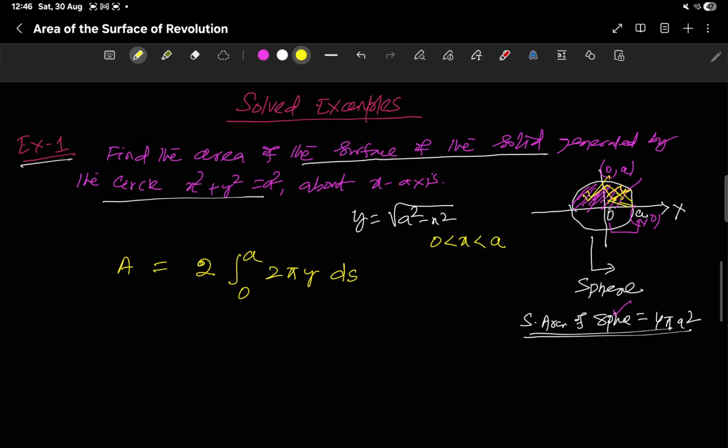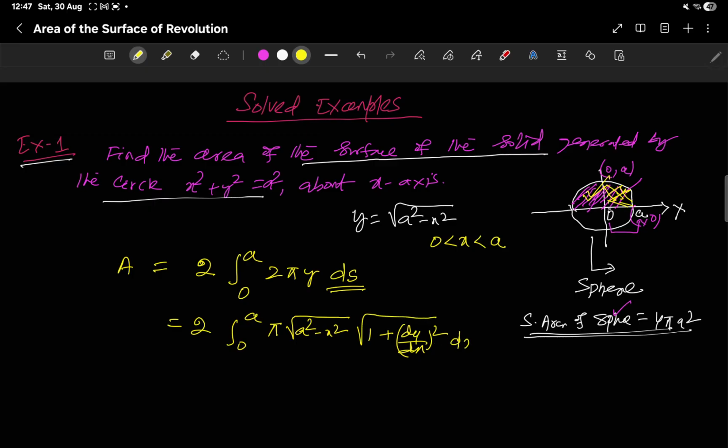Now I am taking the Cartesian form. So this will be 2 times the integral from 0 to a of 2 pi y, where y is equal to square root of a square minus x square, and ds is square root of 1 plus (dy by dx) whole square, dx. Now we find this dy by dx. We are given x square plus y square is equal to a square.